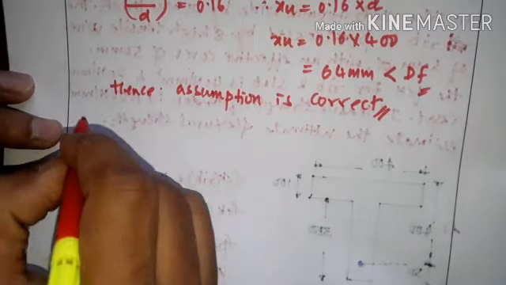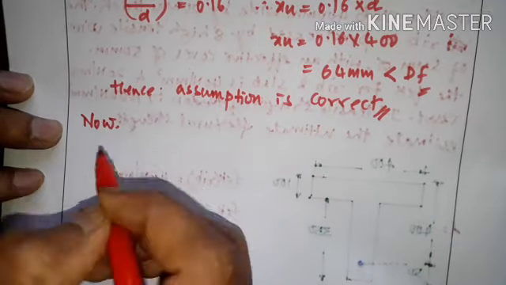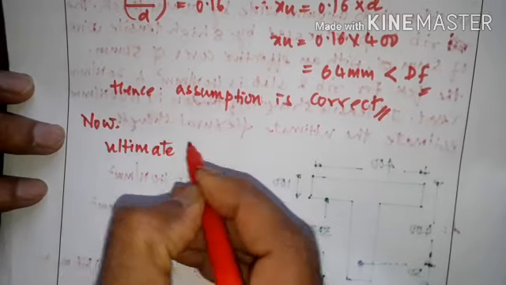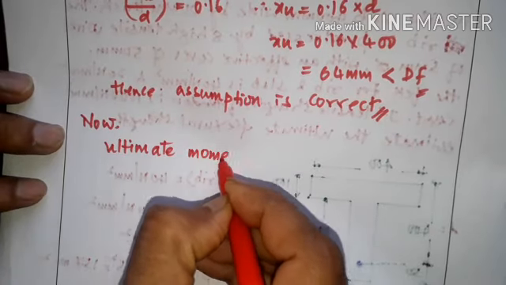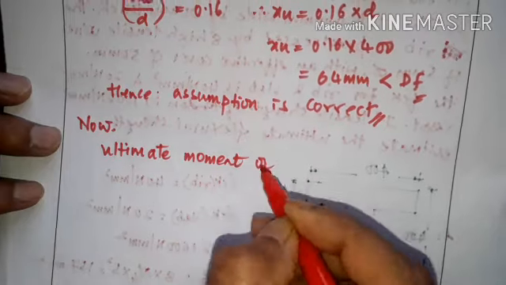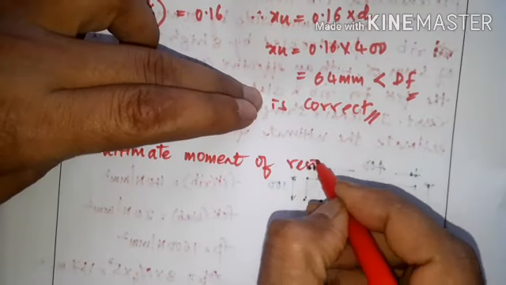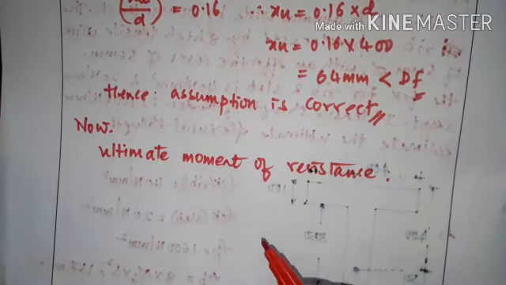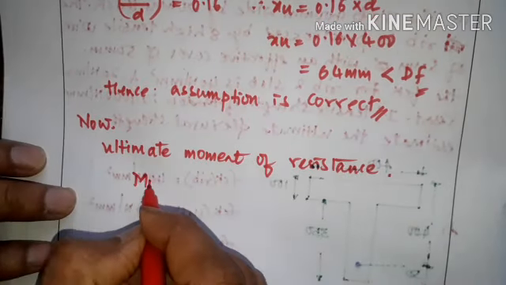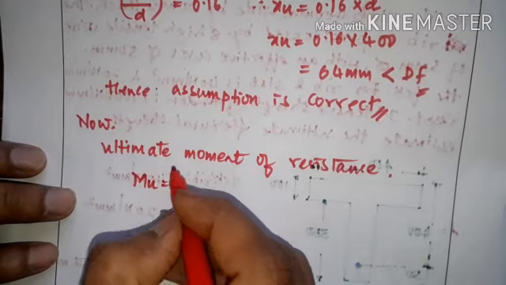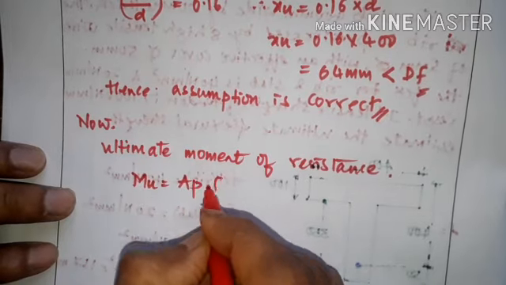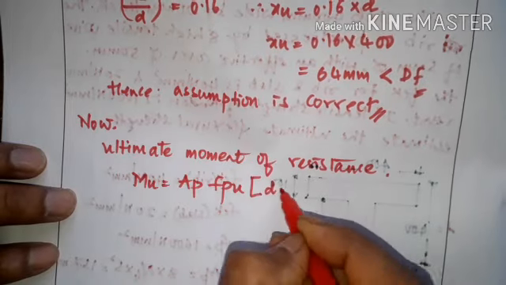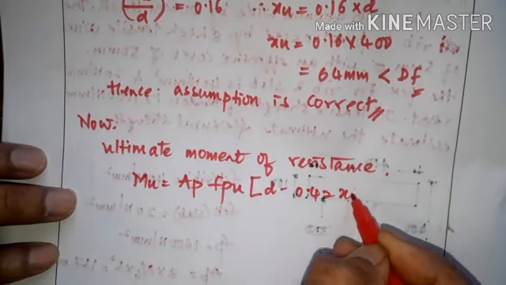So now the ultimate moment of resistance, Mu is equal to AP into FPU, into bracket of D minus 0.42 XU.